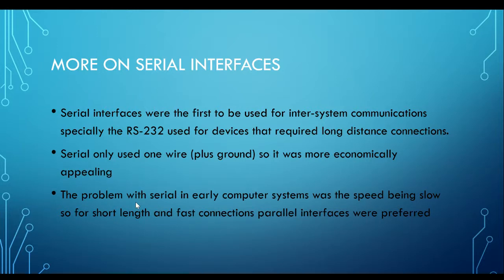Some of you might refer to it as a 9-pin serial communication port. For the very basic to work, you only need 3 pins: you need a transmit, you need the receive, and you need the ground.